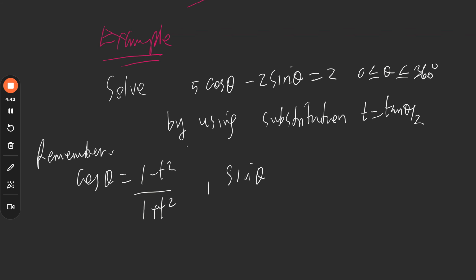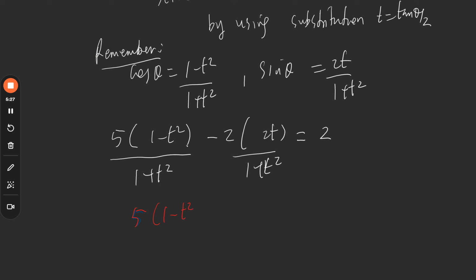Rearranging the equation, we'll be having 5 times 1 minus t square minus 4t equals 2 in the bracket 1 plus t square.